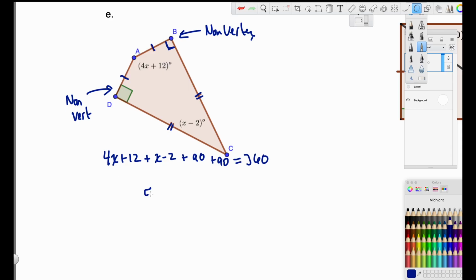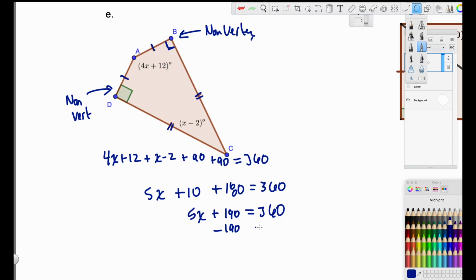4x and x is 5x plus 10. This is 180. Maybe I should have written a different problem here just to be different, but that's okay. So what we got. Subtract 10. 5x equals 170.